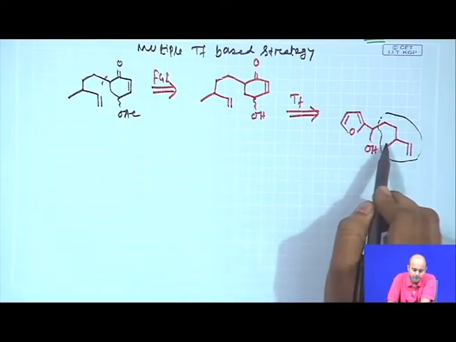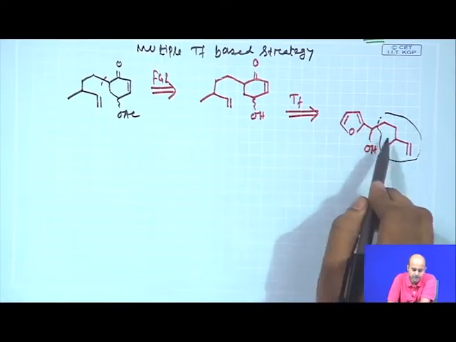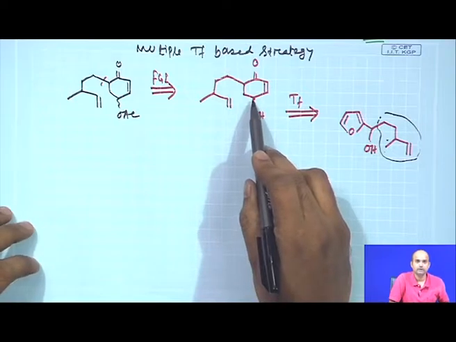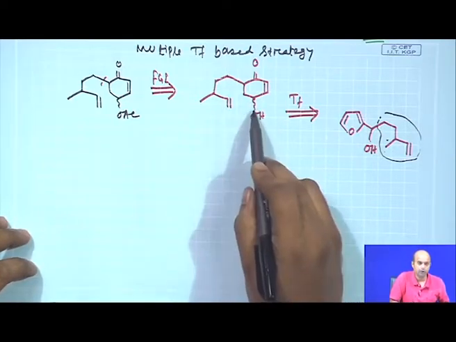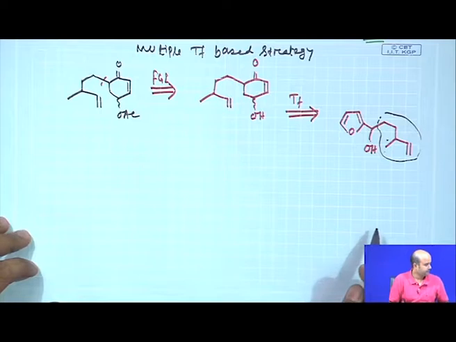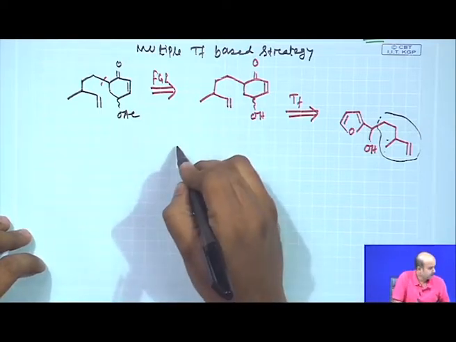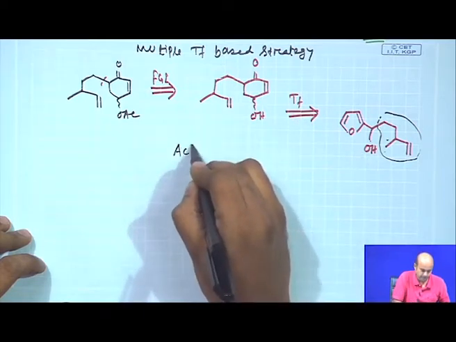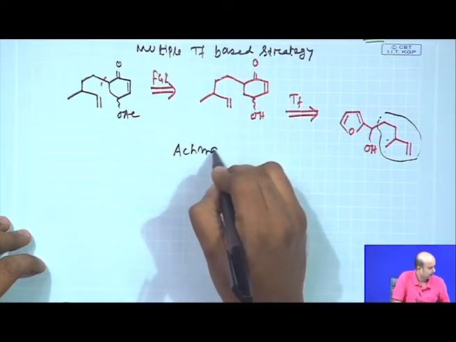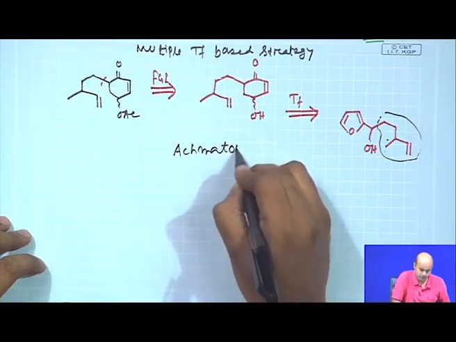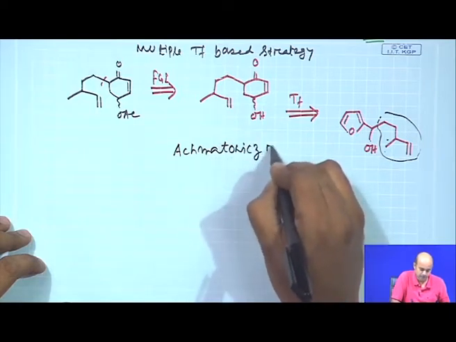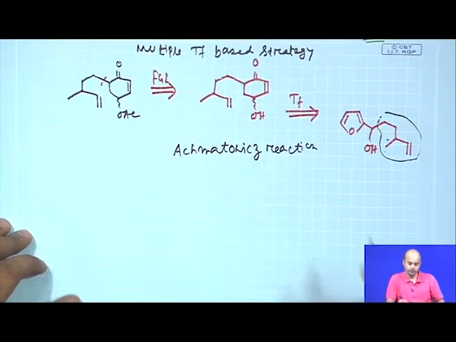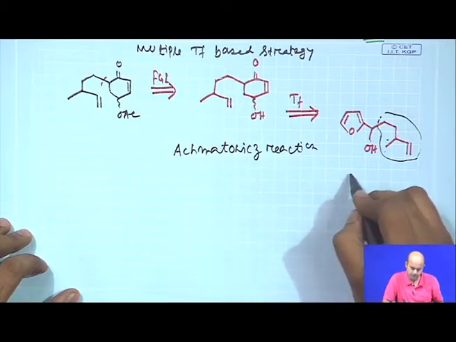So, you need some transformation which converts this furyl carbinol to this 6 member lactone with a hydroxy group, and the appendage remains the same. Now, this particular transformation is named the Achmatowicz reaction or Achmatowicz rearrangement. It is definitely an unknown reaction to you. Fine, we will discuss it a little bit later on.